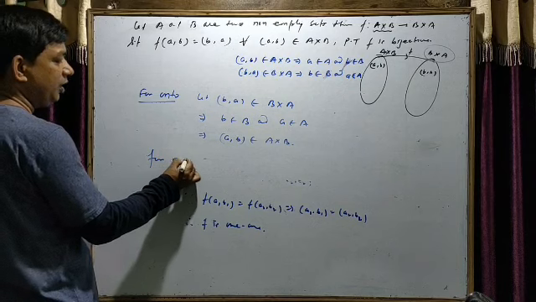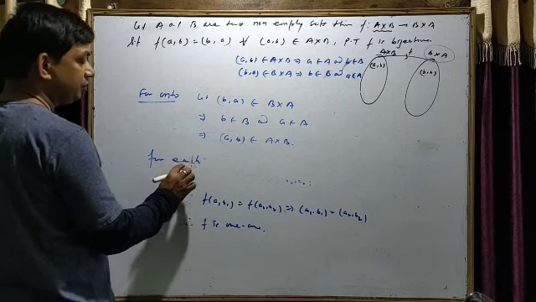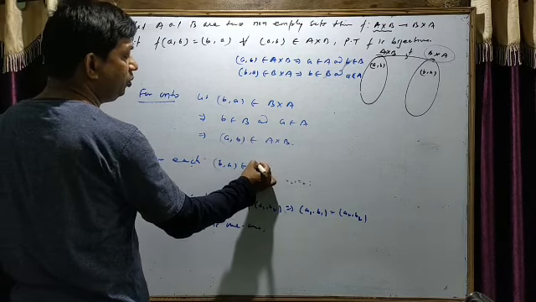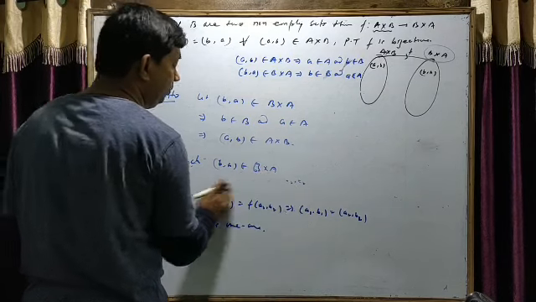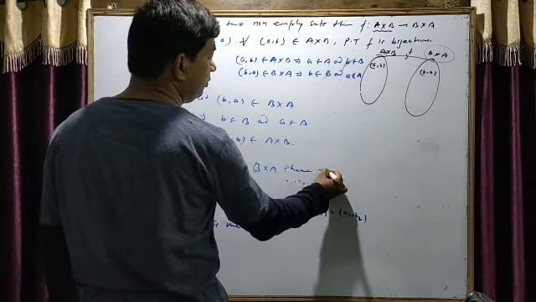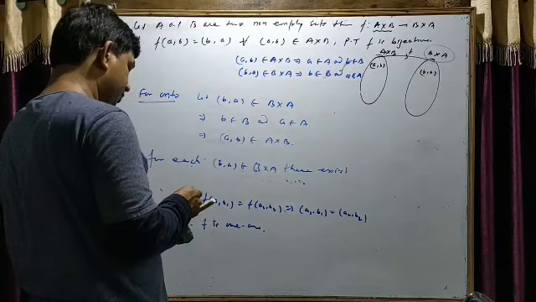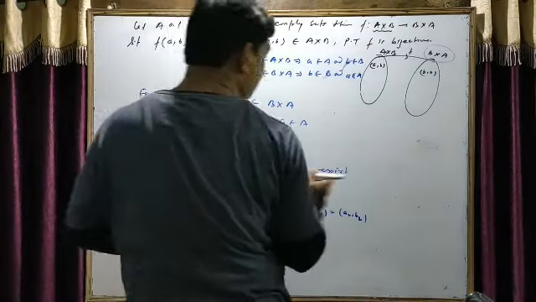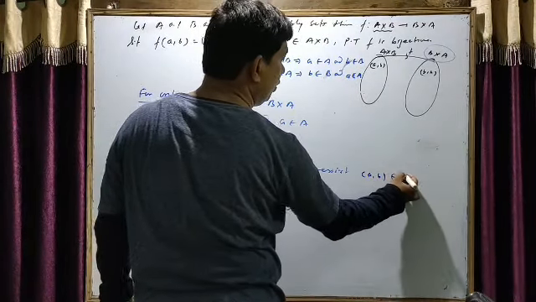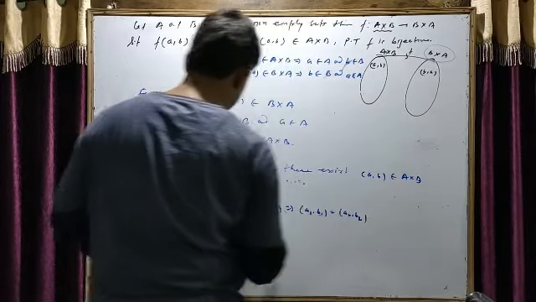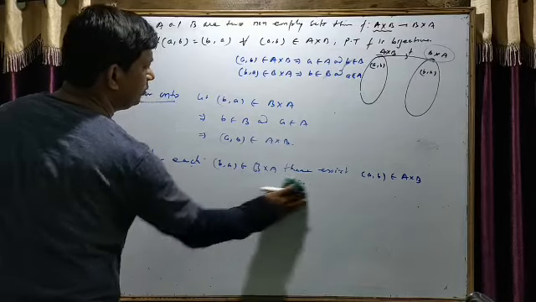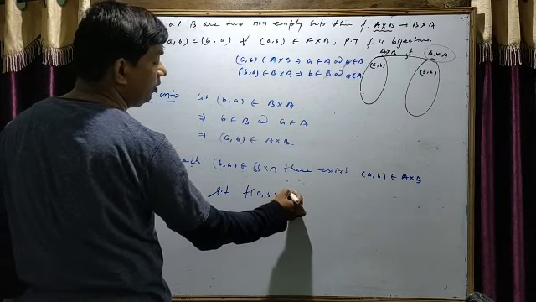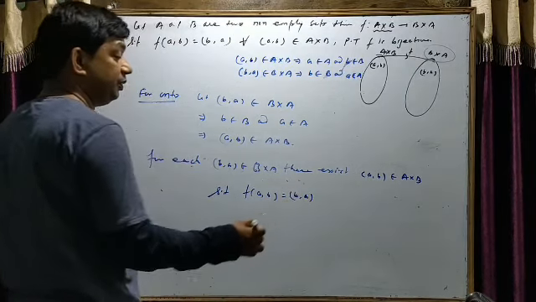So for each (b, a) belongs to B cross A, there exists (a, b) belonging to A cross B such that f of (a, b) is equal to (b, a).